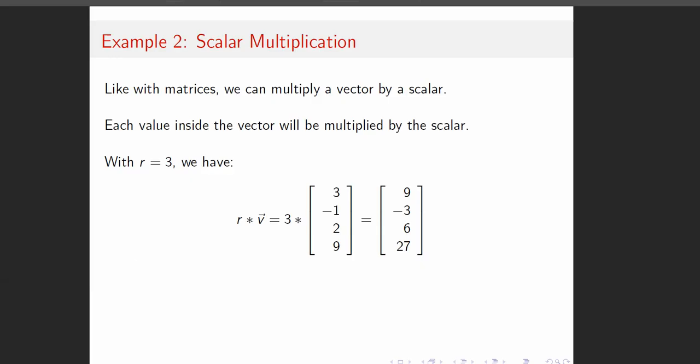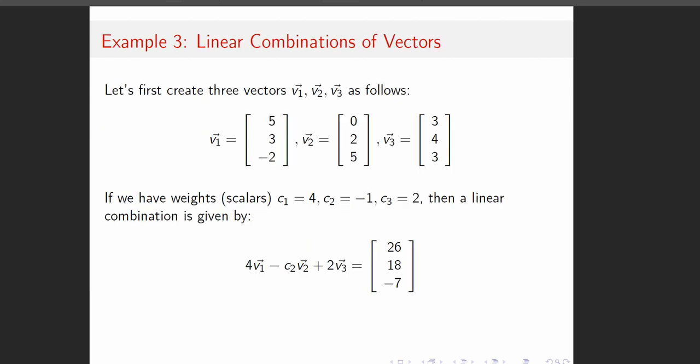Okay, great. So the final thing we'll talk about is a linear combination of vectors. Okay, so if we have these three vectors, vector 1, vector 2, and vector 3, then a linear combination is I take scalars. Now again, usually it's going to be real numbers, and in this case it's going to be 4 and -1 and 2. So linear combination, I take the first weight times the first vector. So I have C1 times V1, which is 4 times V1.